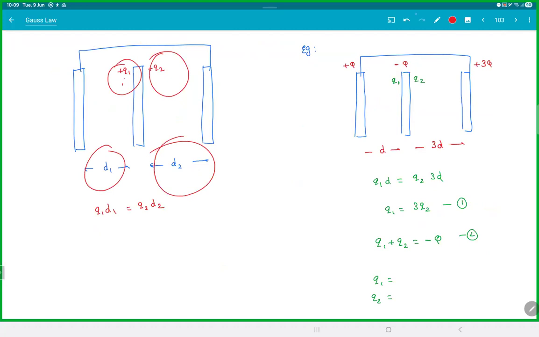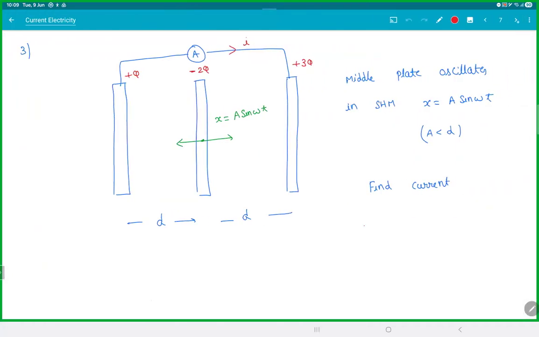If you forgot this, you can't do this question. It's page 103, Gauss law. So whatever charge is there, this charge into this distance is equal to this charge on the right side into this distance. That ratio is always the same. That product. Now try.